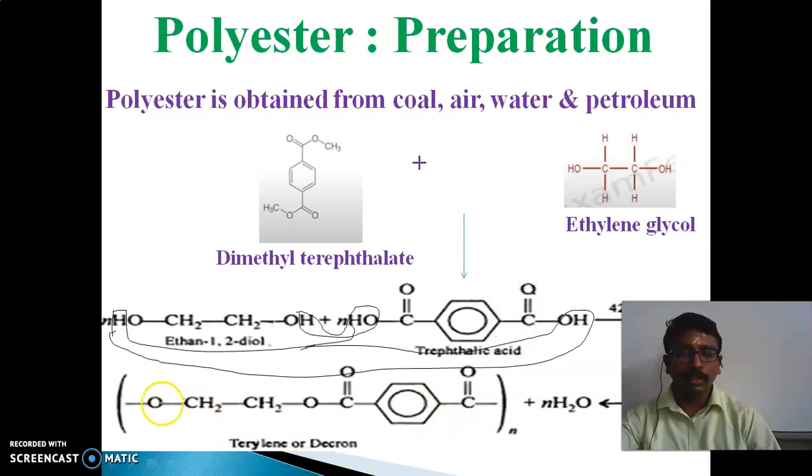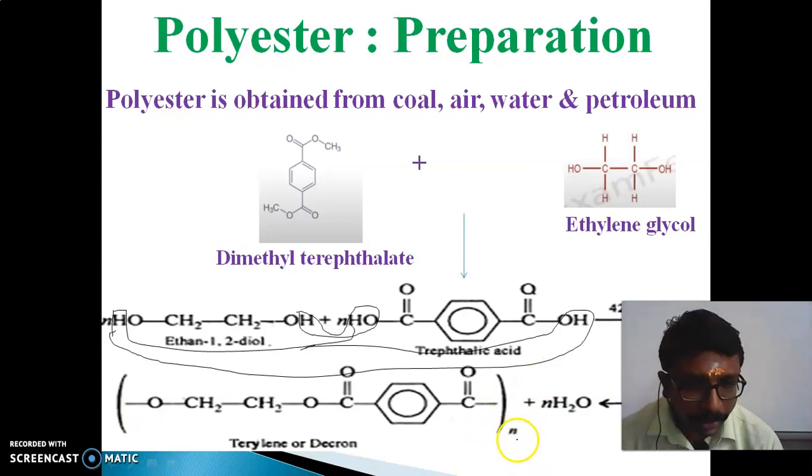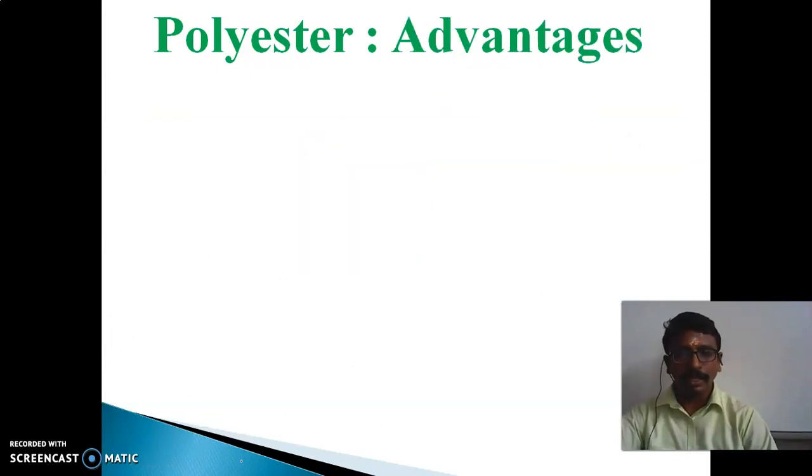That's why we mention the square brackets at both ends, and in the subscript we write a small n. The small n indicates polymer. So this is the compound we synthesized. Its name is terylene or dacron.